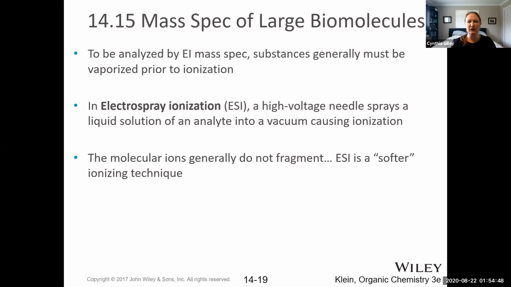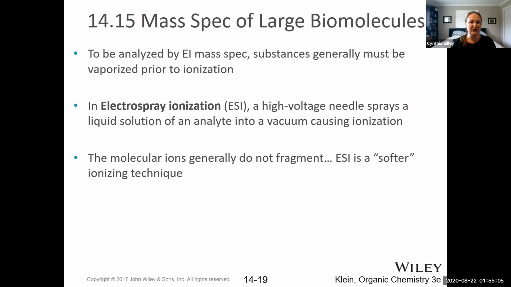That doesn't really work for really large molecules, really large biomolecules or polymers, proteins, things like that. Those are just too massive. Their boiling point is just too high to effectively get them into the gas phase before they would decompose.